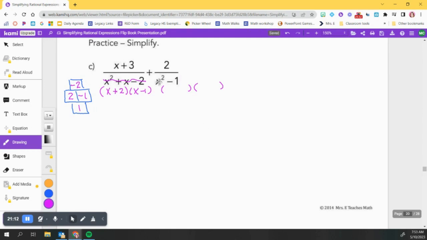What's the square root of x squared, or what times itself gives me x squared? X times x. And then what's the square root of 1, or what times itself gives me 1? 1. We put a plus in one and a minus in the other. So again, I'm not looking at this denominator anymore, I'm looking at this denominator.